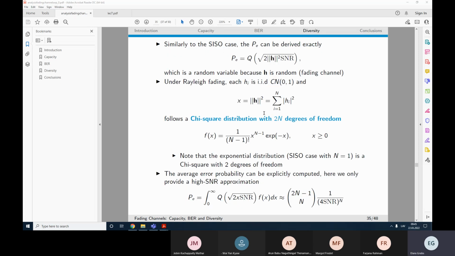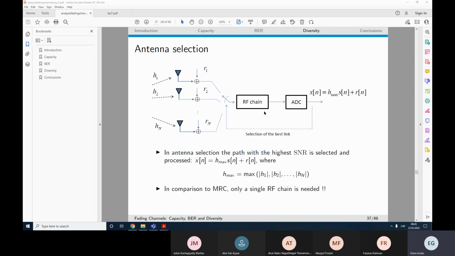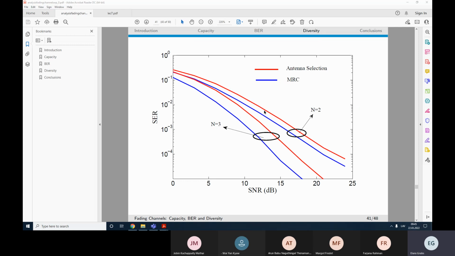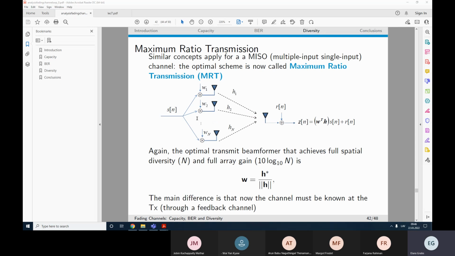Here is some more mathematical background, which I'm not going to delve into now. And here you can see that changing this n indeed will improve the situation. So for n equal to 1, we had linear function somehow like this. So this is the idea of the Rayleigh channel and how it affects error probability, how it affects channel capacity.